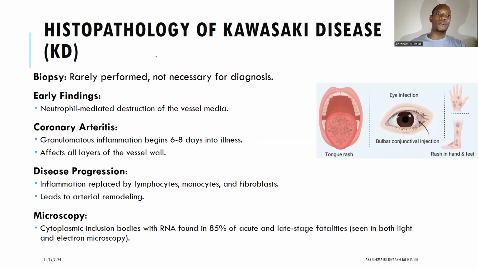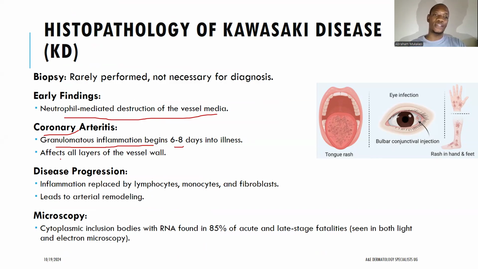So what do we see when we do histopathology? When you take a biopsy from these lesions of Kawasaki, because it is a form of vasculitis, you expect changes around the vasculature. Though we rarely perform these biopsies, and most of the time it's not necessary, if it is early, you will see neutrophil-mediated destruction of the vessel media, and if it is coronary arteries, you can see granulomatous inflammation, which begins about 6 to 8 days into the illness.